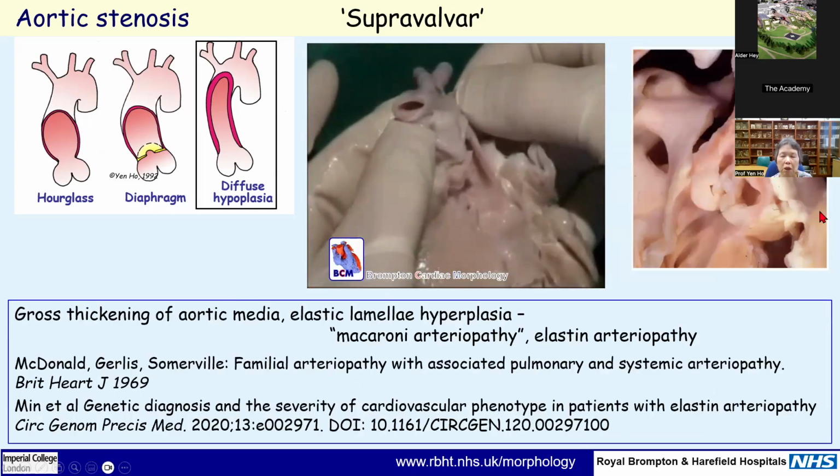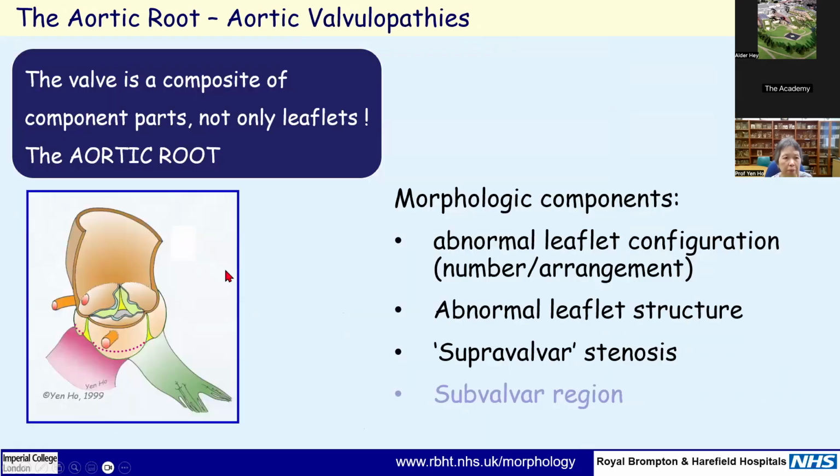And this is a situation of so-called macaroni arteriopathy. So it can be familial, as described in these publications here. So in other words, what I'm trying to say is the valve is a composite of component parts, and it's not only the leaflets we need to consider.